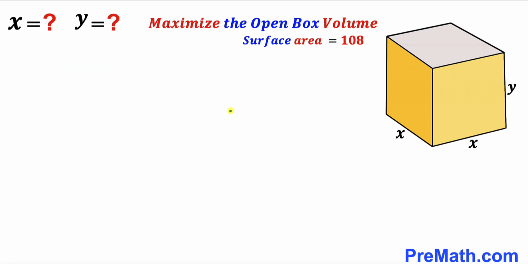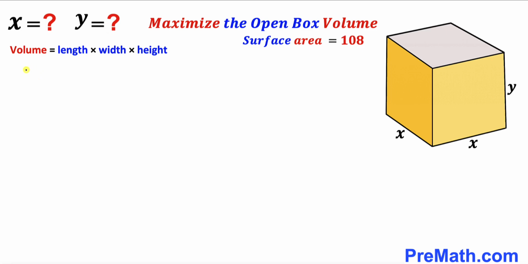And here's our very first step. Let's focus on this brown box. Now let's recall the volume of a three-dimensional box. It is length times width times height. We can see the length of this box is x, the width is x as well, whereas the height is y.